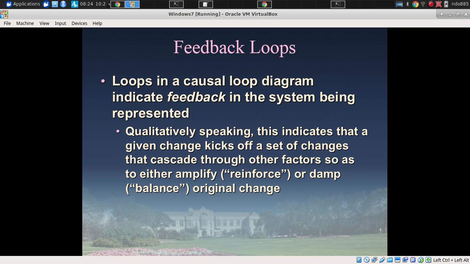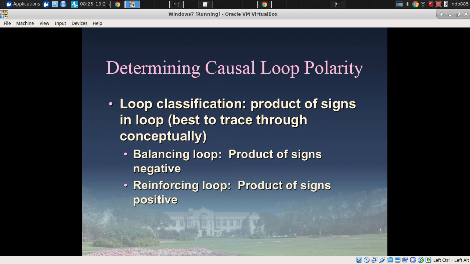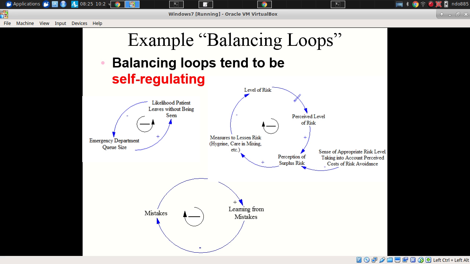This is indicative of a situation where a change in one part of the system is posited to lead to a cascading series of subsequent changes in other factors that come back and either reinforce or push back, working to damp out or balance the original change. And these are very familiar phenomena. So let's look at a few of these, right?